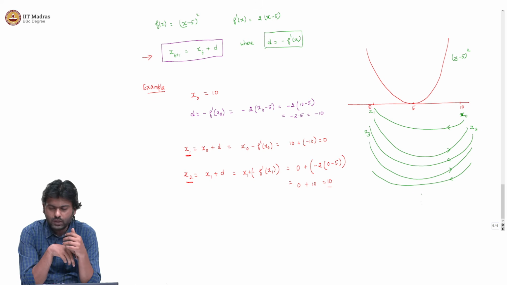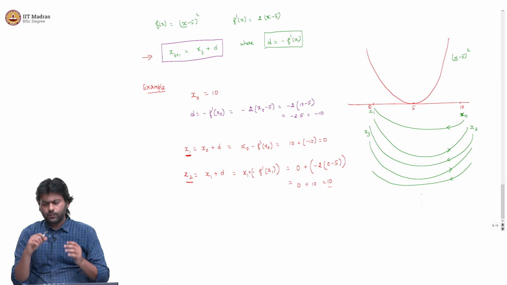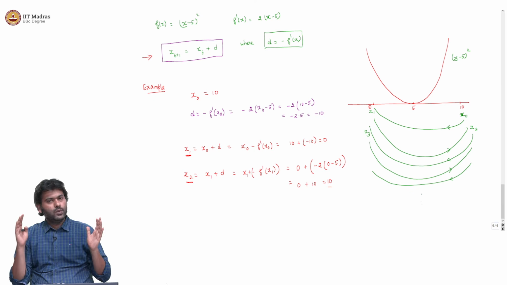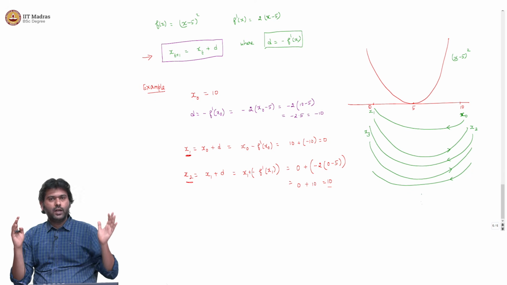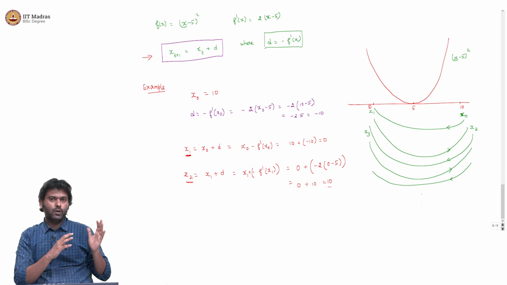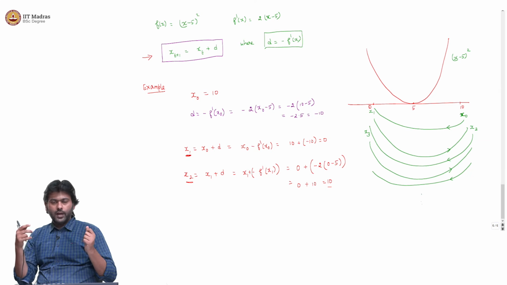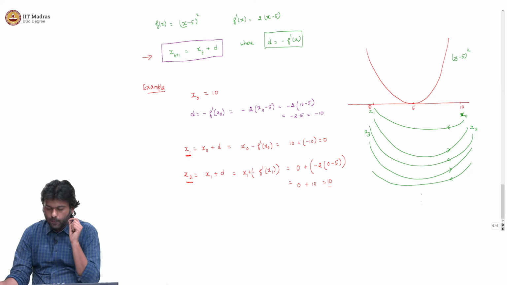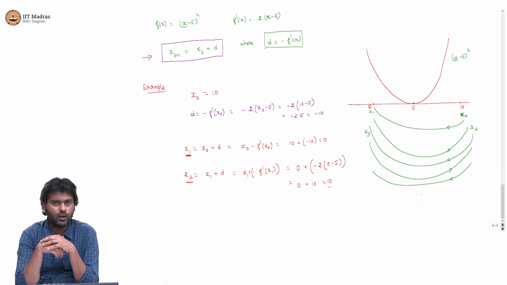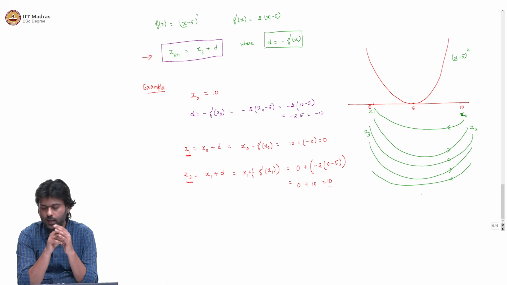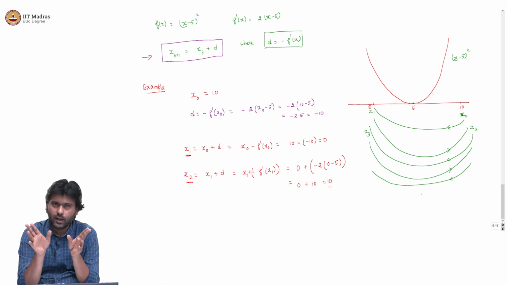And if we step back and analyze where we could have gone wrong in our reasoning, it would become clear that our reasoning was as follows. We start with a point, then move in a direction which will take us to a different point, and the hope is that the direction is a good direction. Now, in each of these cases, wherever we started, x0, x1, x2, x3, our direction is correct.